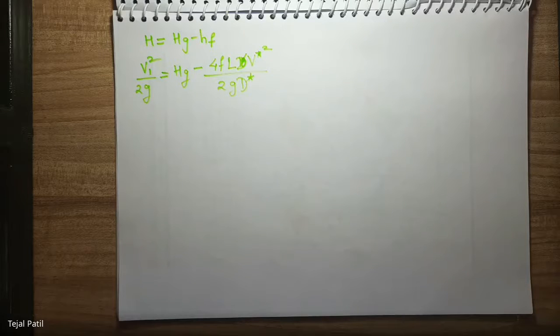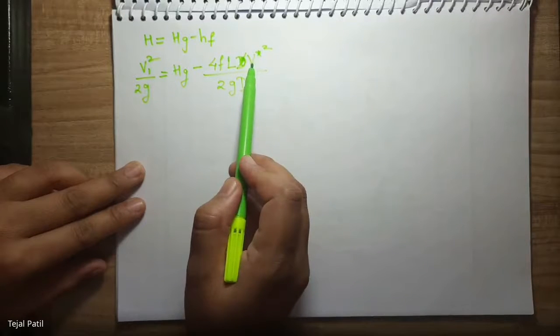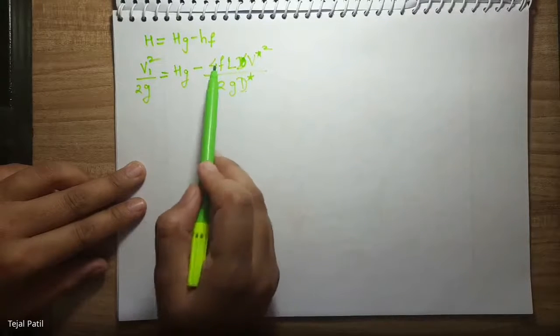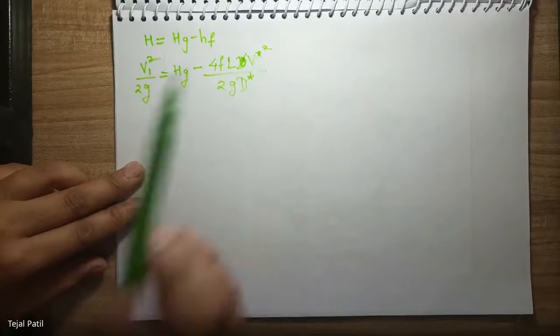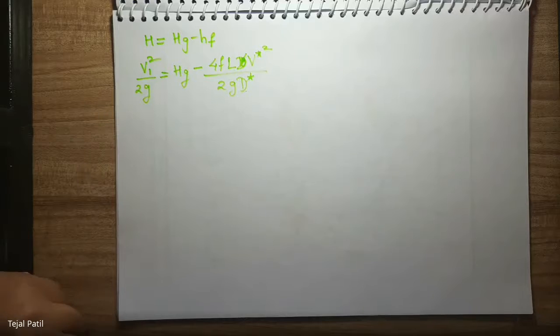Now you can see there are two unknowns. G is known, Hg is known, D star is known, L is known, F is known, but V1 and V star are not known. So we must find one of those, or at least the relation so that you can put it here and find one of the values.